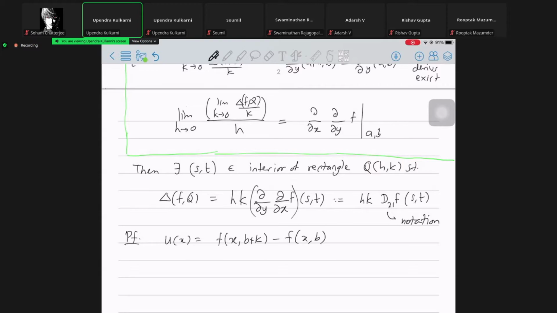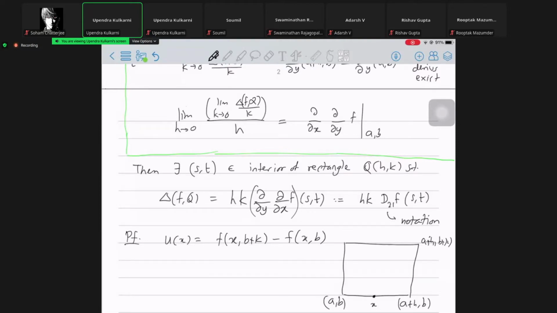So in terms of the picture, this is what I have. This is a, b, that is a plus h, b, and in the first variable I'm taking an arbitrary point x. And everywhere when I go in the upward direction, so this is a plus h, b plus k.